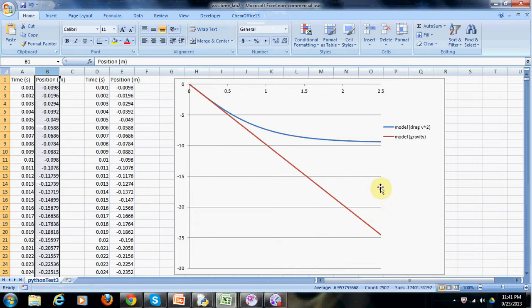However, the drag force will eventually overcome the gravitational force in this model, and so eventually the magnitude of the velocity will no longer increase, and it will remain constant. And this is our terminal velocity.